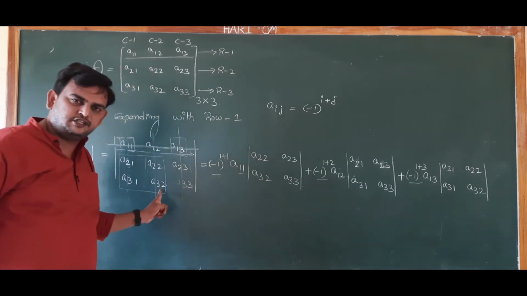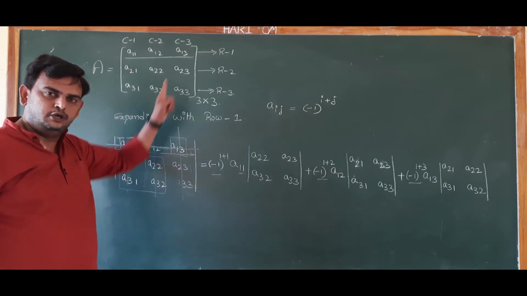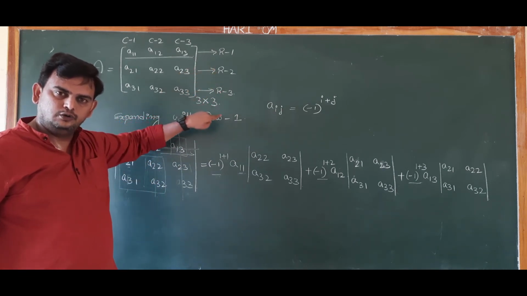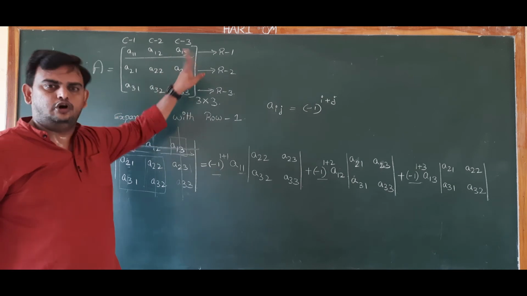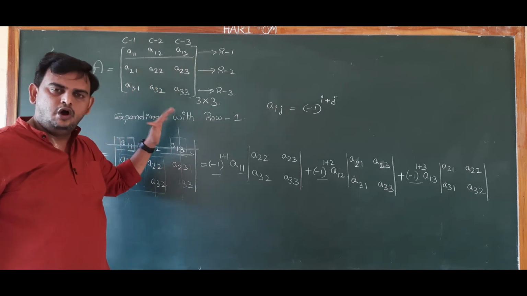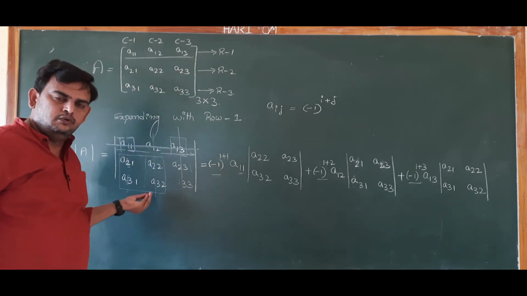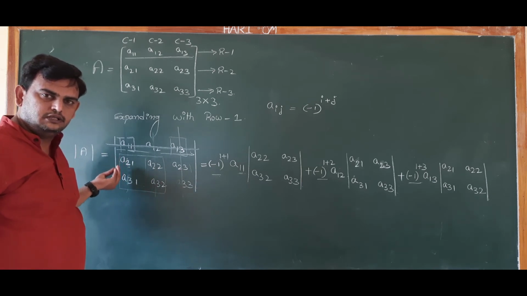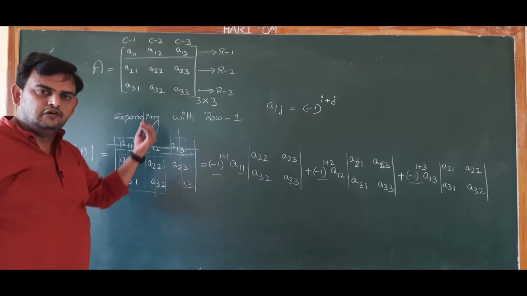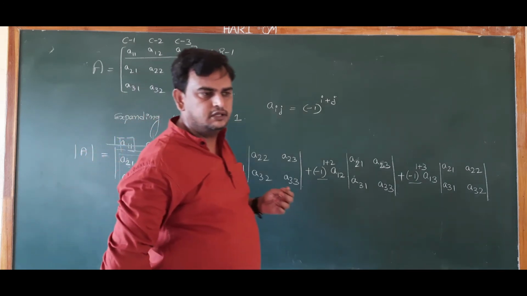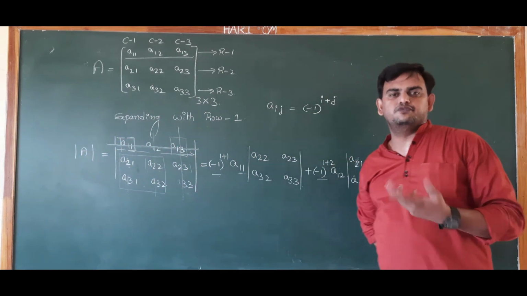This kind of expansion you can do by using either row 1, row 2, row 3 or column 1, column 2, column 3. Using any row or any column, we are able to find the determinant of a 3 by 3 square matrix. That means for finding a determinant of a 3 by 3 square matrix, we have 6 ways.